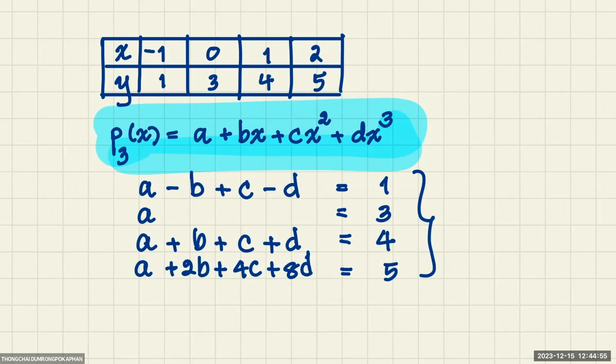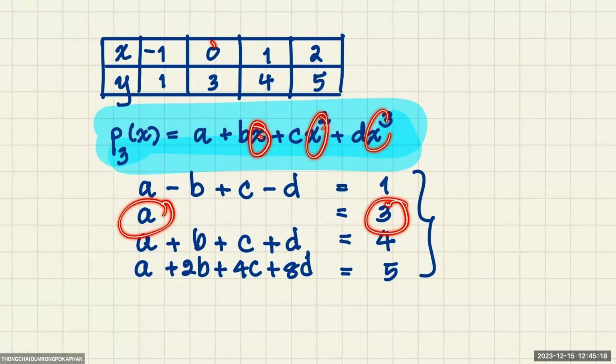Okay. So Newton said, okay, if you write it this way, you cannot take advantage of making things equal to 0. Here, you can see that if you have X equal to 0, you can get the value of A directly. So A equal to 3, right?